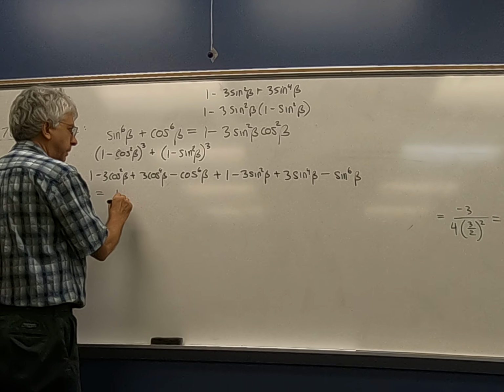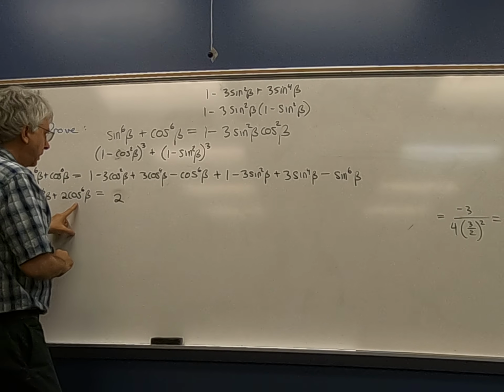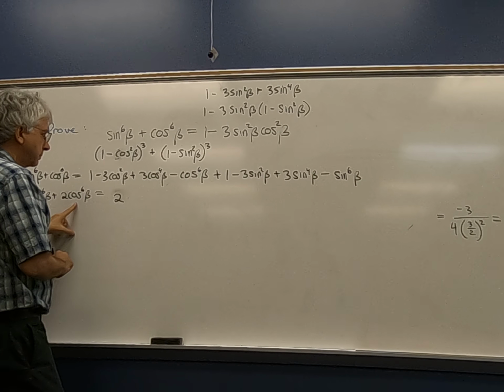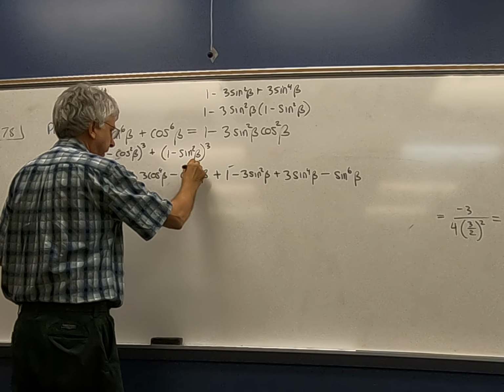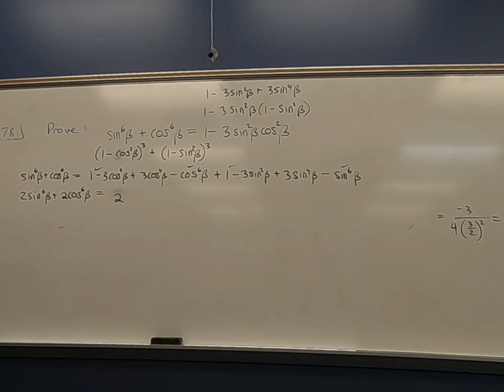So this is 1 plus 1, which is 2, right? That's the 1 plus 1. I've taken care of these, so that leaves these other 4 terms. What am I going to do with those? Well, I can factor out, see that?